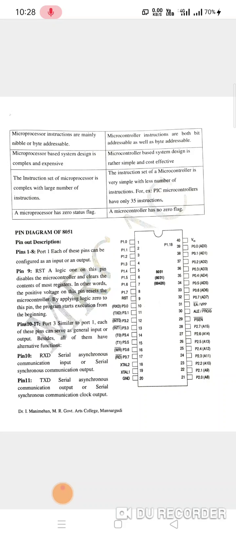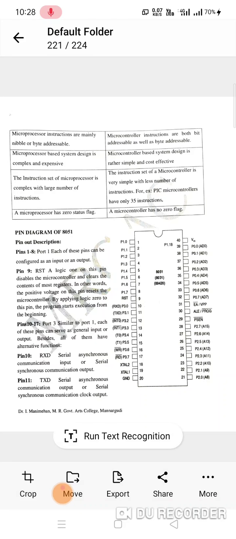Pin number 10 to pin number 17 are the multifunction pins. They are used for port 3, and also pin number 10 is used for the receiver, pin number 11 for the transmitter, pin number 12 for INT 0 bar, the interrupt, pin number 13 is INT 1 bar, pin number 14 T0, pin number 15 for T1, pin number 16 WR bar, pin number 17 RD bar.